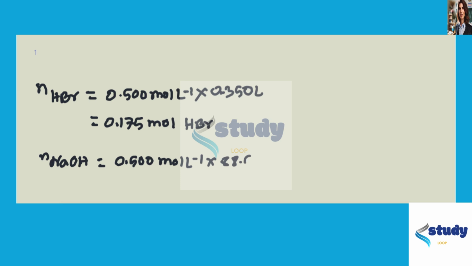We have to write it in liters, so 88.5 times 10 to the power minus 3 liter, and this will give us a value of 0.044 mole. So this is the number of moles of sodium hydroxide which has titrated the remaining amount of HBr.